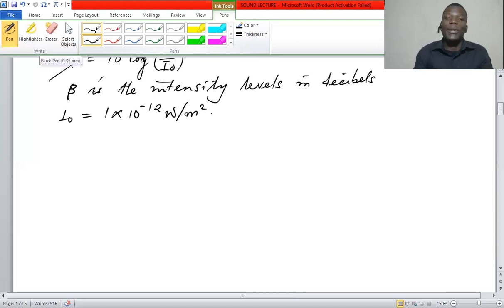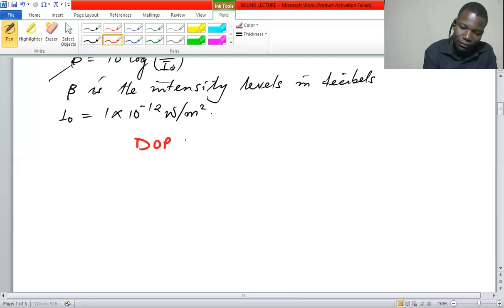That phenomenon is what we refer to as Doppler effect. So we're dealing with Doppler effect here.